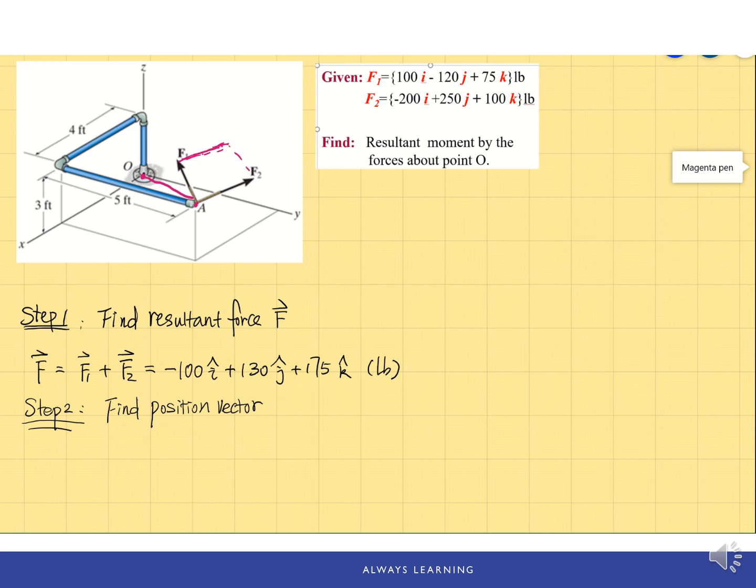Draw a parallelogram, and then the body diagonal will be the force F here. Okay, so this force will also pass through the point A. Now back to the position vector from the point O to any point on the line of action. So this position vector will be ROA.